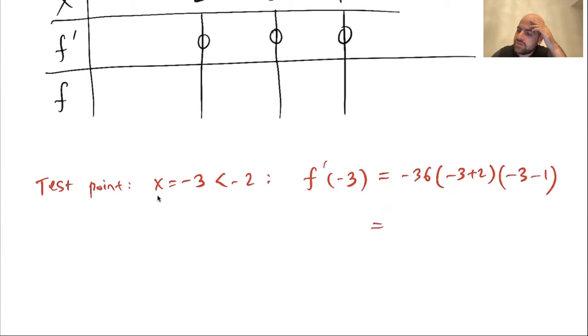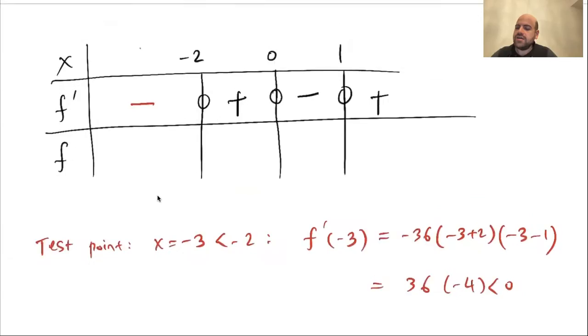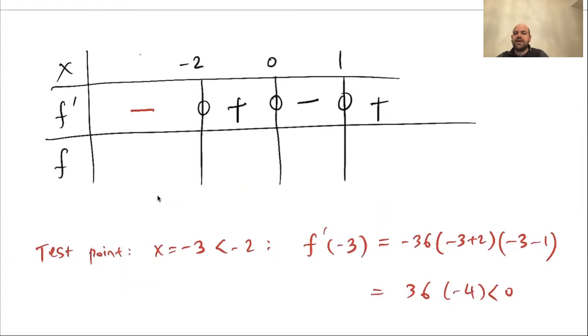So 36 times minus 4, which is negative. So negative here, and therefore we will have positive here, negative here, positive here. The signs change alternately at the roots unless there are repeated roots.